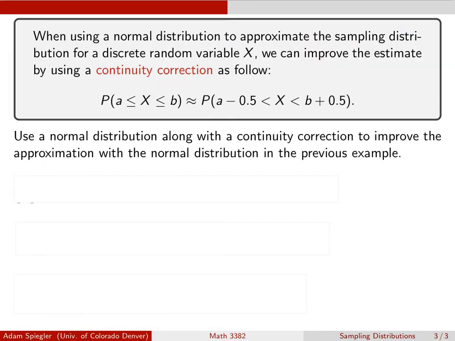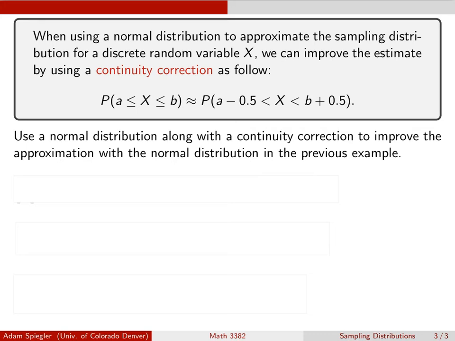Generally speaking, what we can do for the continuity correction is go a little bit to the left of the lower value A, half a unit say, and we can go a little bit to the right of the upper limit, which is B. And this is going to give us a little additional area that's going to balance out those missing portions.